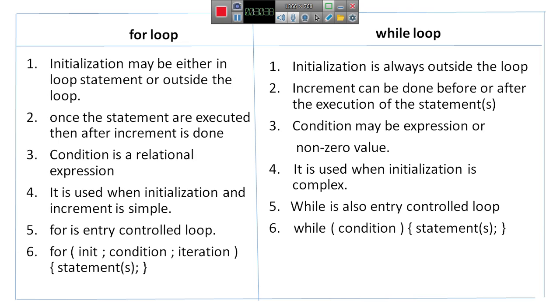For such purposes, a for loop is very convenient in writing programs. But the while loop can be used for a simple increment or a complex increment also. For is an entry control loop, and while is also an entry control loop.